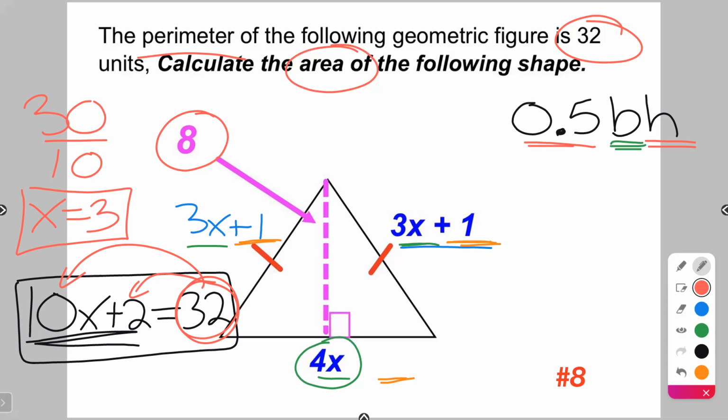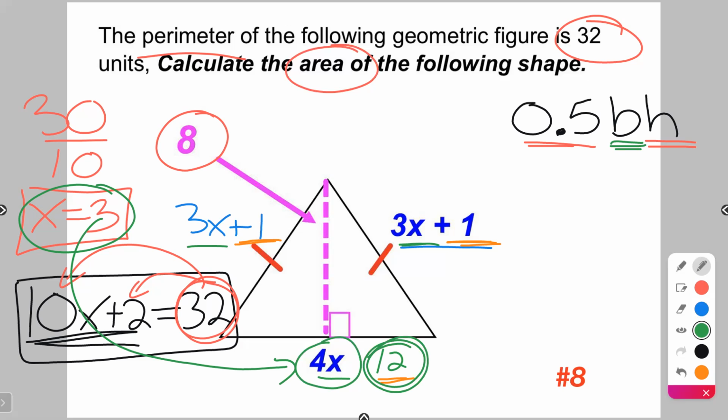If x is equal to 3, we are going to substitute. Take this value and come down here. The base of the triangle is the value that we need. The base is 4x, which means 4 times x. If x is 3, 4 times 3 tells me the base is going to be 12.